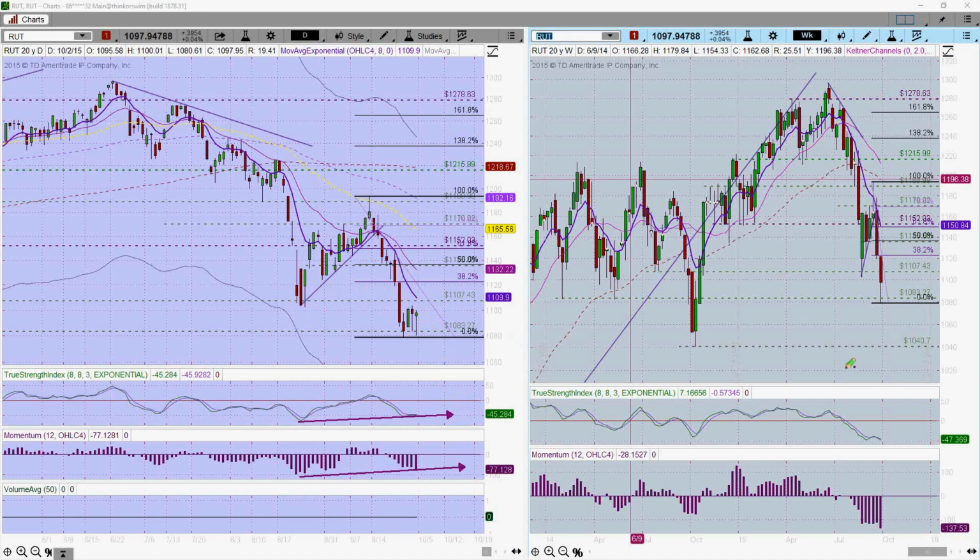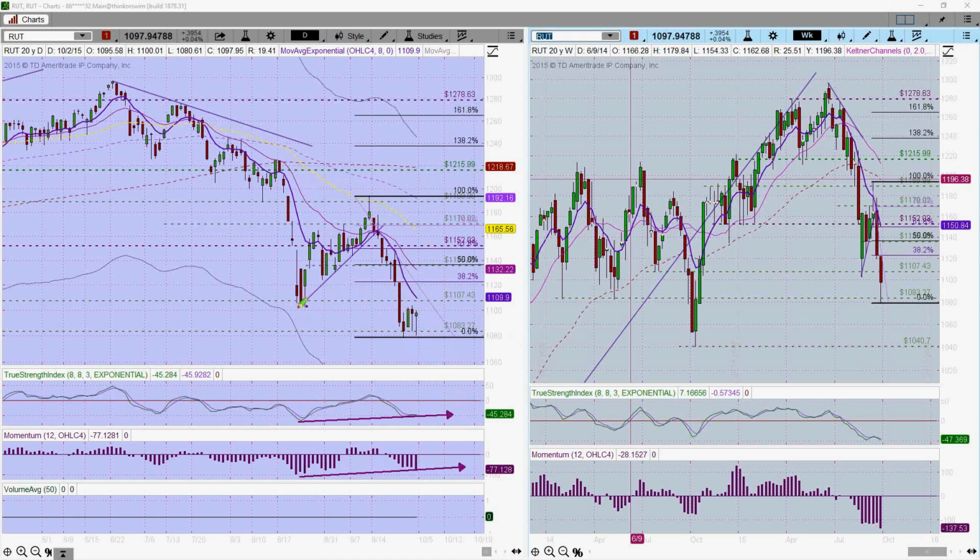Yeah. Another thing I want to show you guys here is that because we have a lower high and a lower low, it is now a new trading range. I have laid on the Fibonacci retracements just to give you an idea of where things would need to retrace back to if it does continue to rebound.